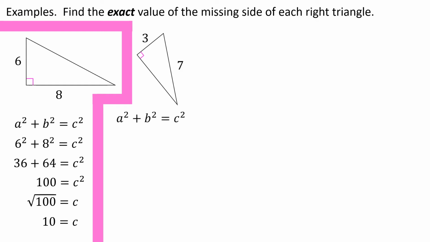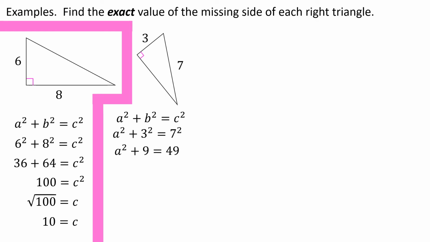Well, again, I'm going to write down a squared plus b squared equals c squared. Hey, c equals 7, right? We've got the hypotenuse. I'll let 3 be side b. Of course, 3 times 3 is 9, 7 times 7 is 49.